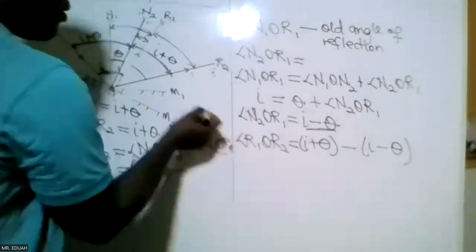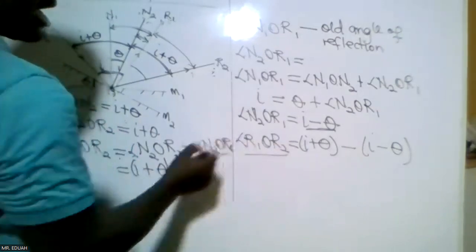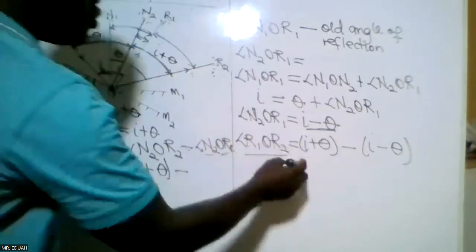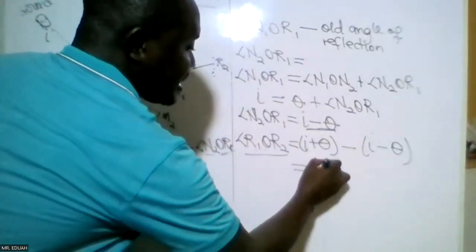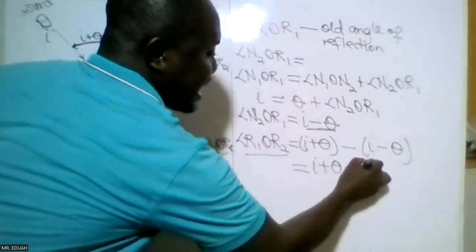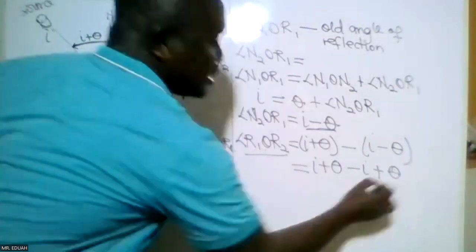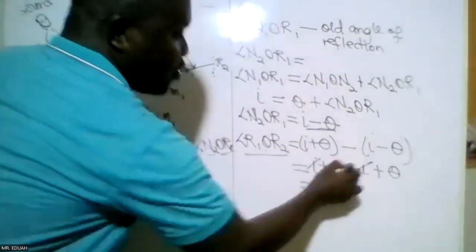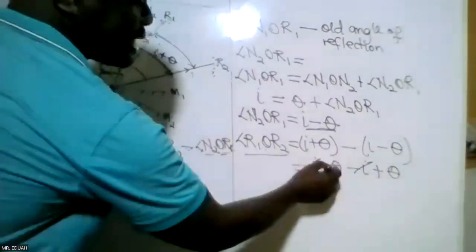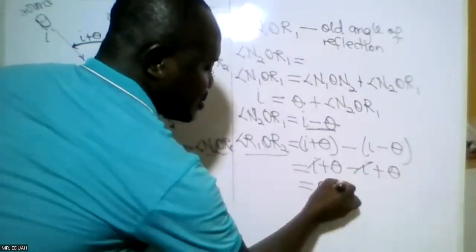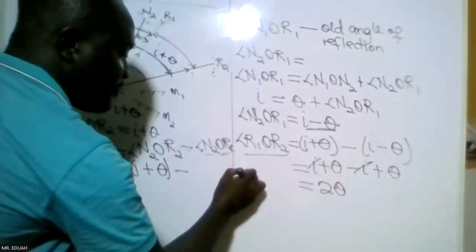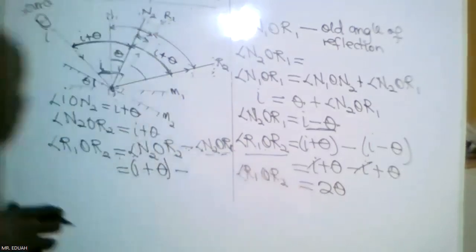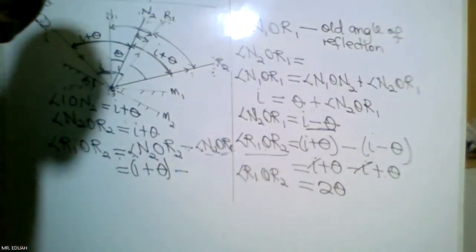All we are looking for is the angle between the two reflected rays R1 O R2. So let's open the brackets: minus I plus theta. Therefore, I and I reduce to 0, theta plus theta is 2 theta. So angle R1 O R2 is equal to 2 times theta.